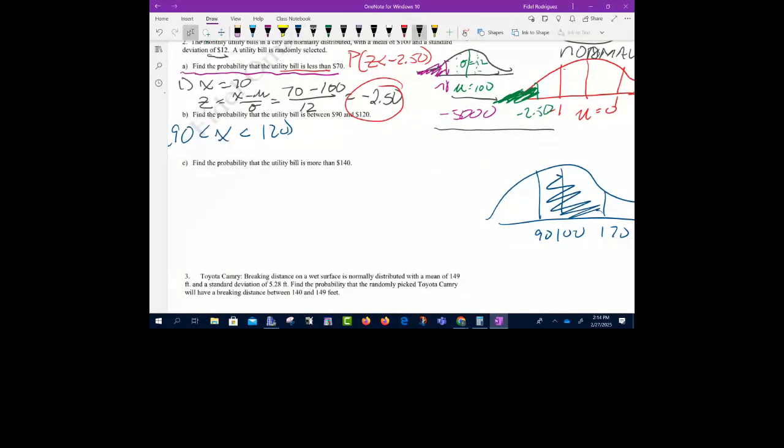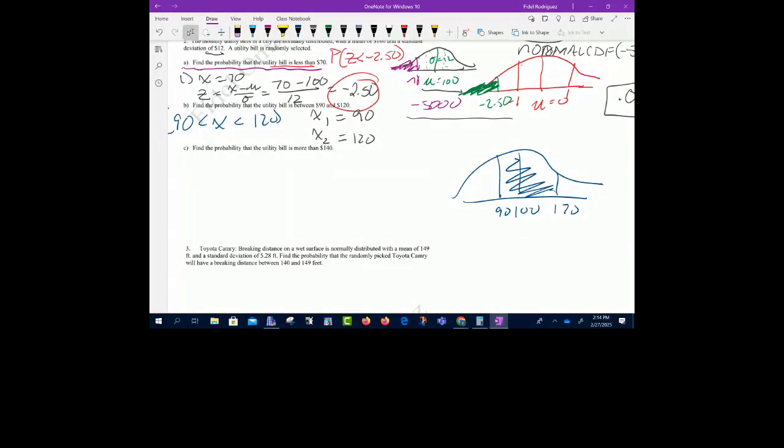So y'all, I'm going to do it like this. I'm going to say the first one, x1. I'm just going to call it x1 because I got two values. I'm going to call that 90. And I'm going to call my x2, y'all, 120. And I'm going to find here, y'all, two z-scores, okay? So the first one, my friends, I'm going to call it z1. And I'm going to take 90 minus 100 divided by our standard deviation, which we said was 12. Okay.